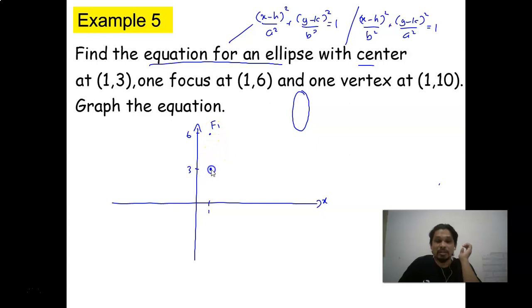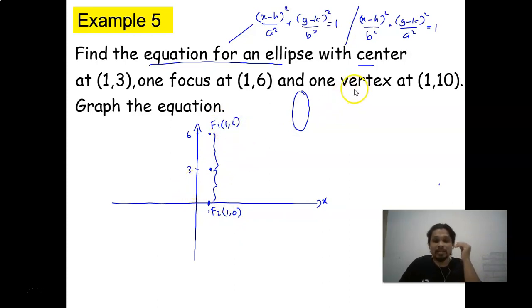One of the foci is (1, 6), so the distance from the center to the focus is 3 units. For the other focus, F2, move 3 units downward, which is here at the point (1, 0), and here is (1, 6).